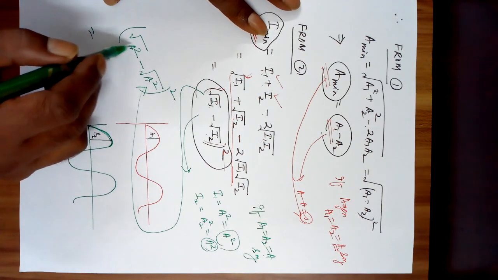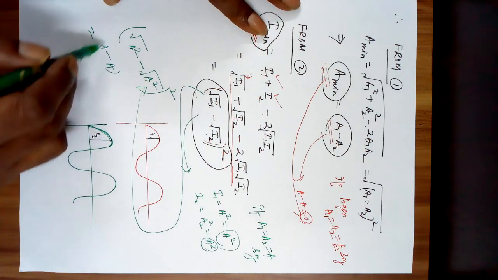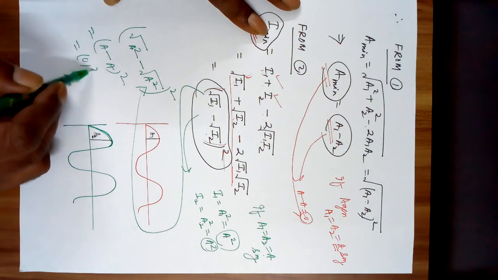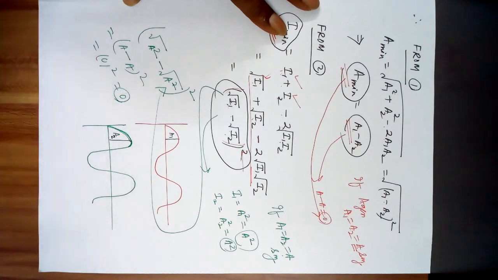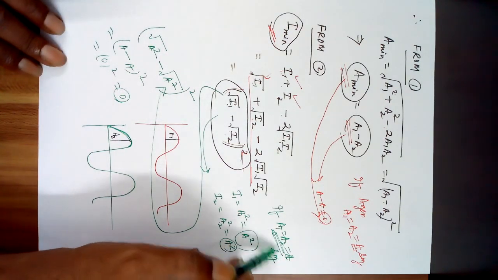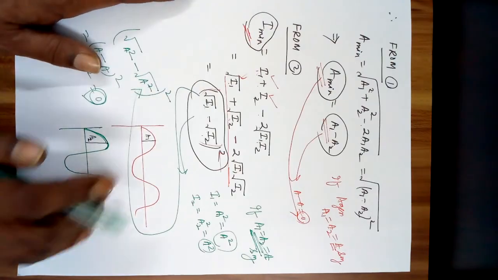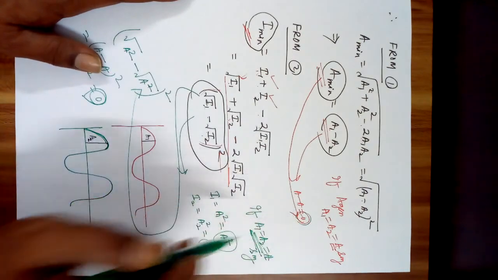Now square root of A square is A, so A minus A squared is 0. So during destructive interference, if the amplitudes are equal, I tell you time and again, if equal, then the resultant intensity is 0 and the resultant amplitude is also 0.